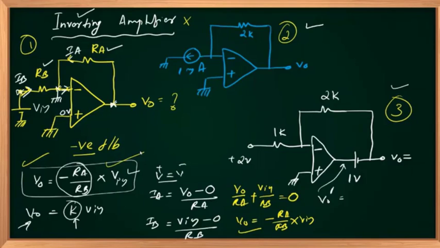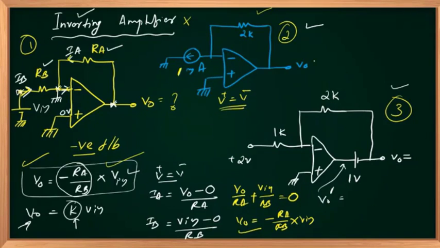So it's an inverting amplifier. Gain is minus RA upon RB. The same configuration I have connected like this as case 2. What will be the output? It's a constant current source, 1 milliampere. Feedback is negative. The moment feedback is negative, you can say that V plus equal to V minus. That's it. Nothing else. What will be the answer?